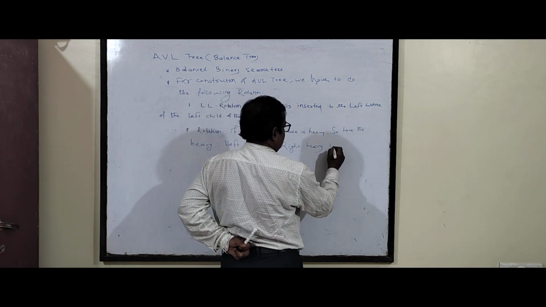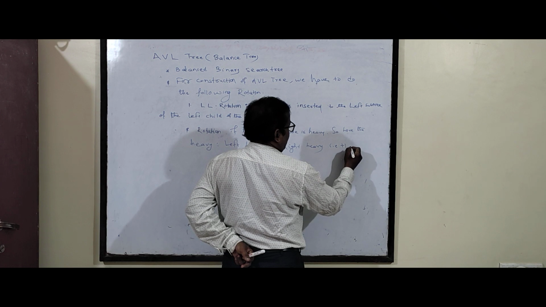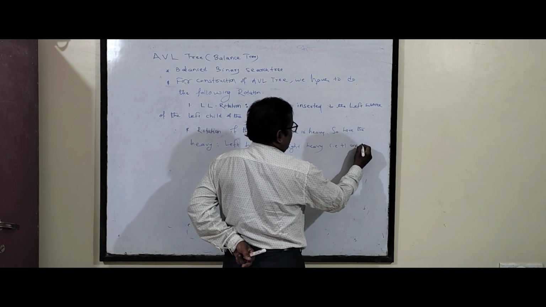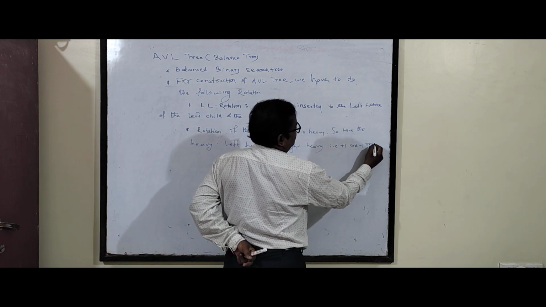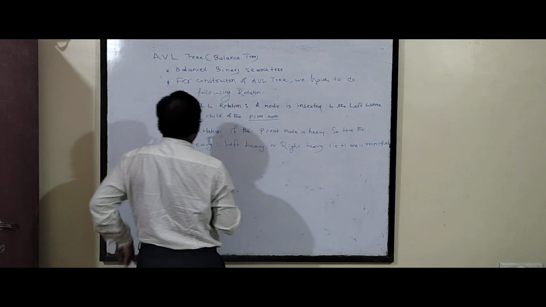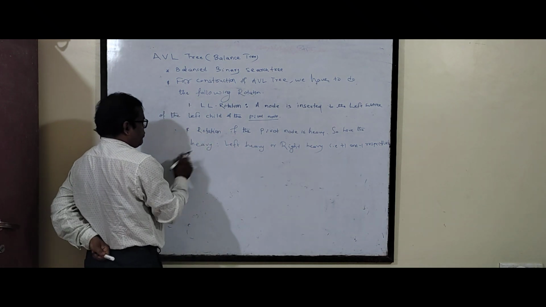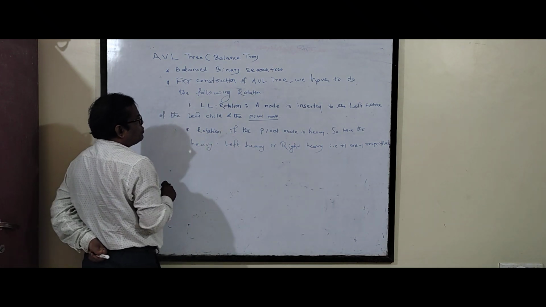Left heavy means +1 and right heavy means -1 respectively. Right. So let's talk about how the rotation is performed.